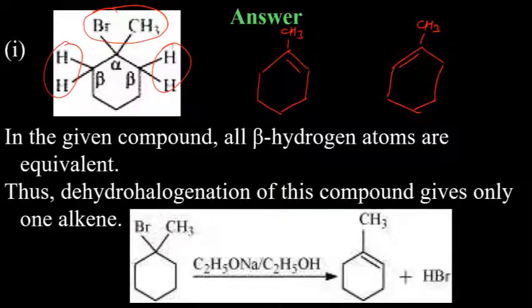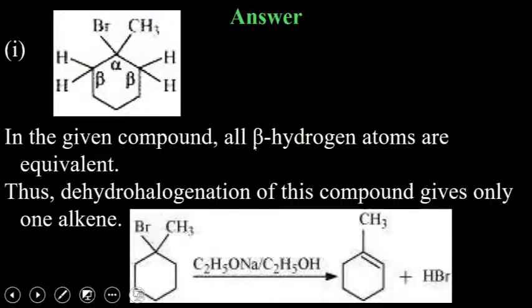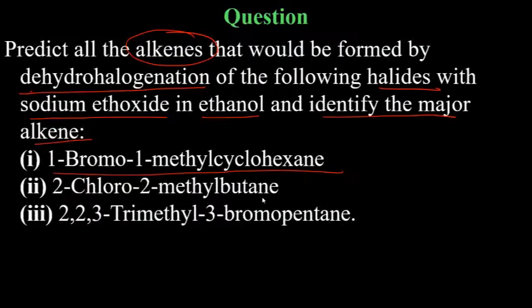Now, one important point here. The question says, predict all the alkenes. It means you need to write both possibilities. If there are two possibilities, you need to write two, and after that you need to mention major and minor. Major and minor are needed in such questions where you have to predict all the alkenes.